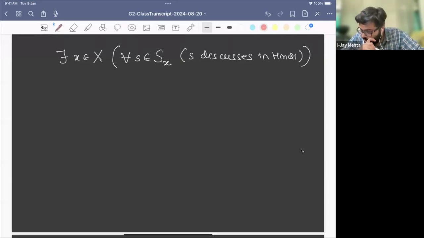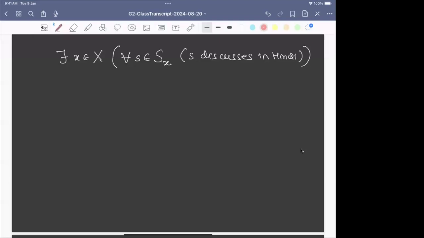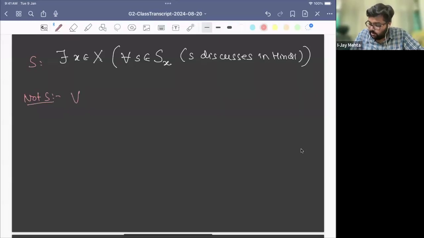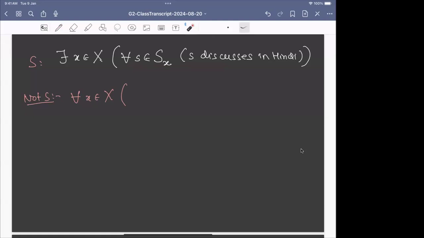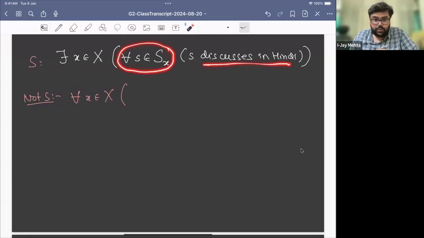Yes, Rigved. Can you answer now? Given any breakout room, there is a student who does not discuss in Hindi. So given any breakout room, it is not true if I go to all the breakout rooms and I don't find this. So given any X in the set of rooms, given any breakout room, now we have to negate this. There exists again a student. This was given any student, this was true.